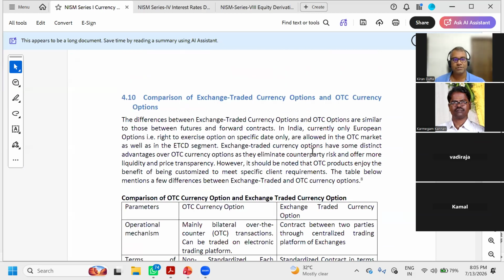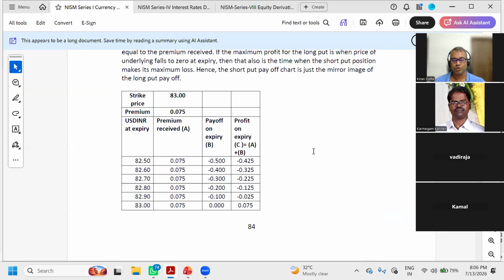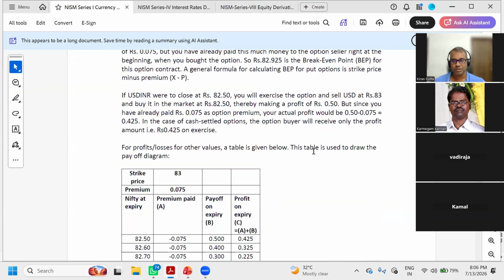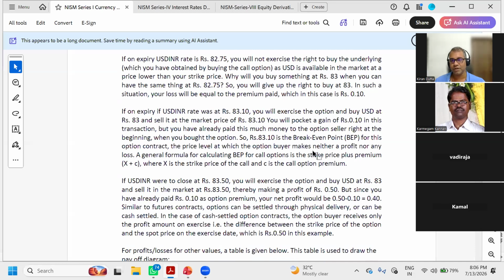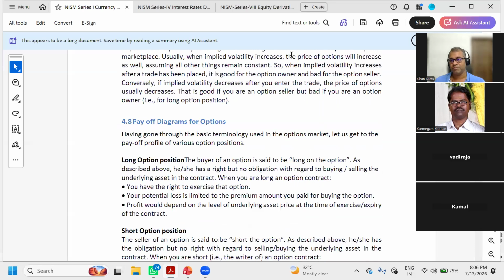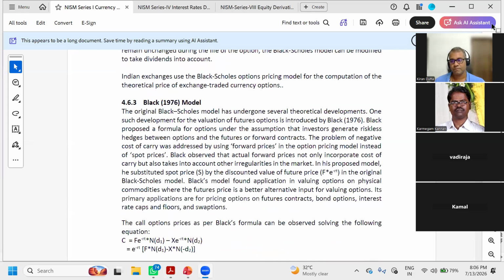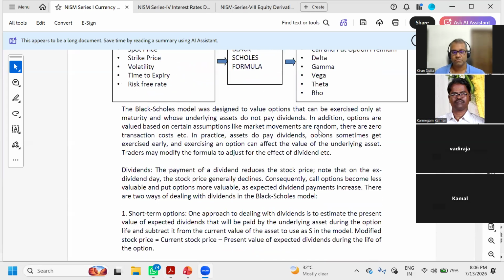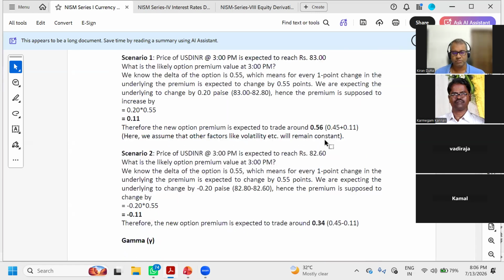What we will do is, so this is currency derivatives, introduction to options. It's the same thing, ditto. It's just the replica of what you actually see in the equity derivatives.